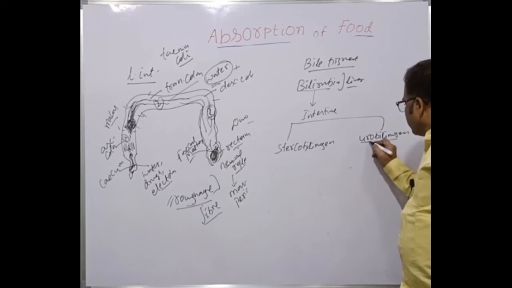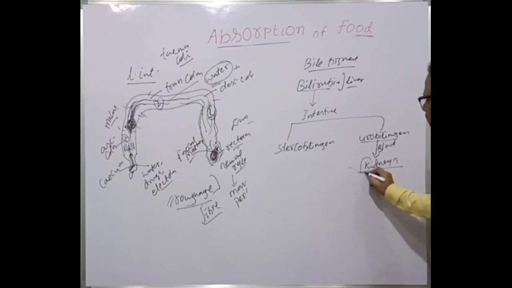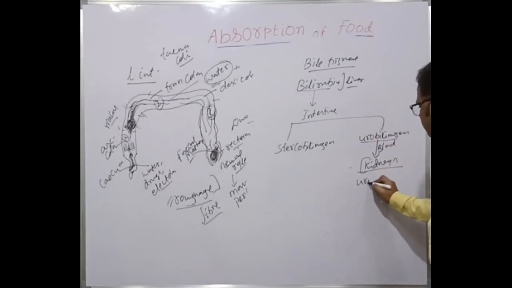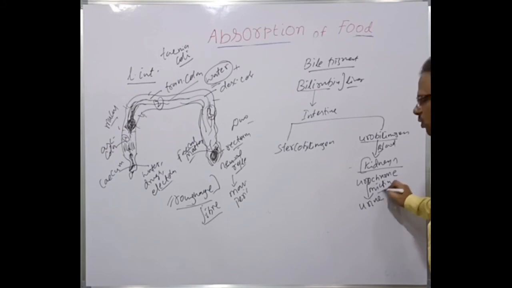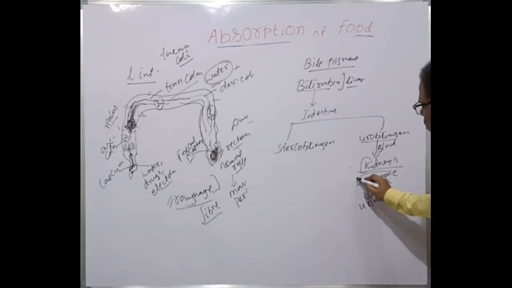The urobilinogen is carried via blood to the kidneys, where the kidneys filter it and convert it into the pigment called urochrome, and urochrome is released outside in the urine. The process of release of urine is called micturition.